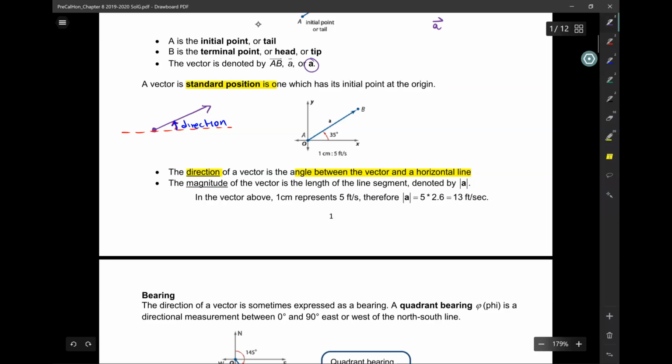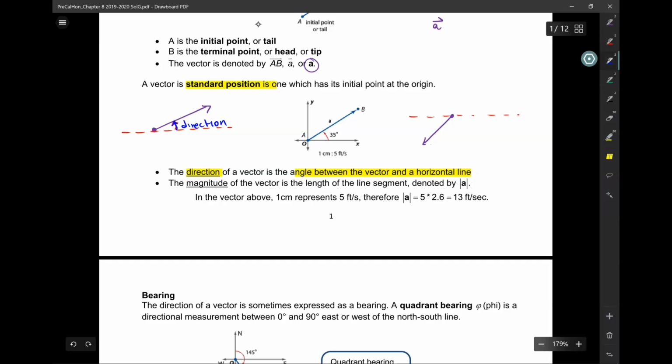Now, if you have a vector pointing this way, right? You do the same thing. You draw a horizontal line at the initial side. And now, what would be angle 0? Here, right? So you measure the angle from what would constitute angle 0. So like the horizontal going to the right, that's 0.